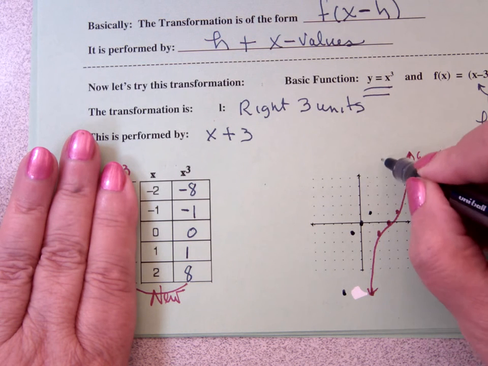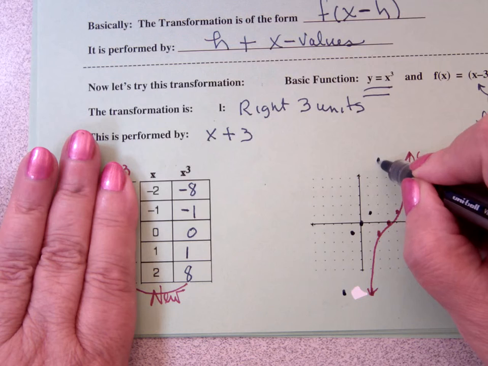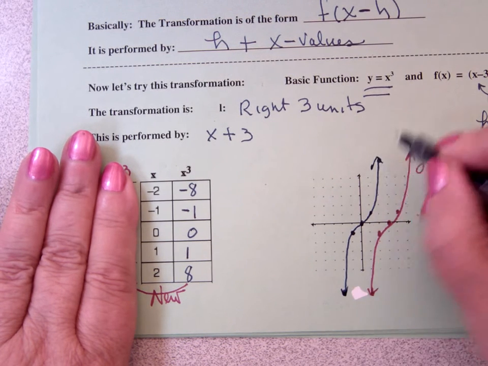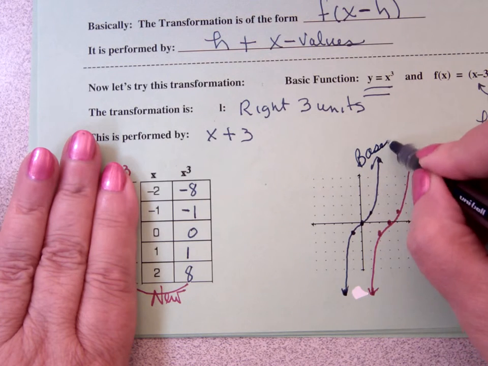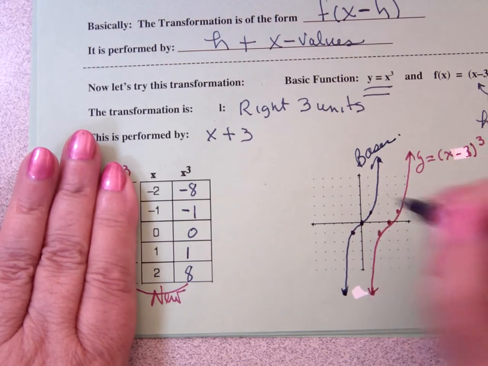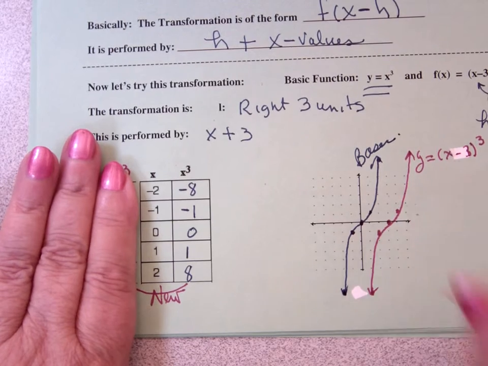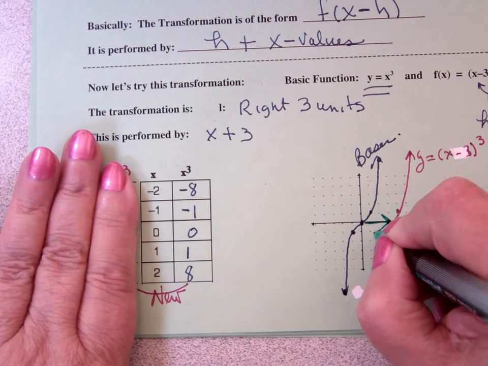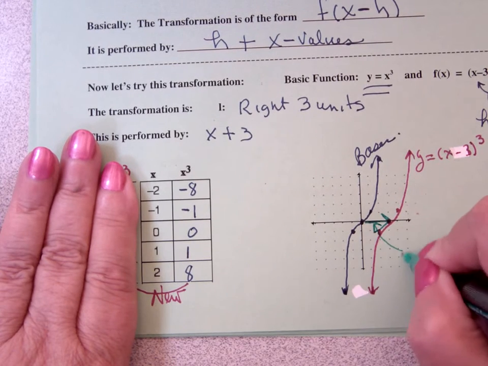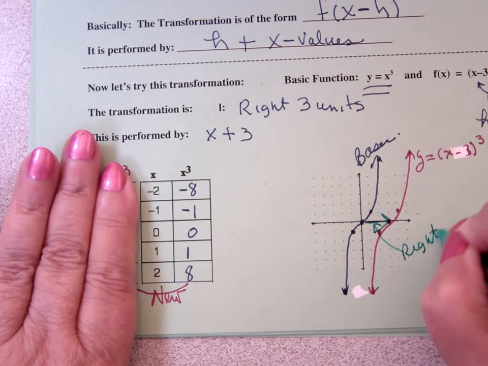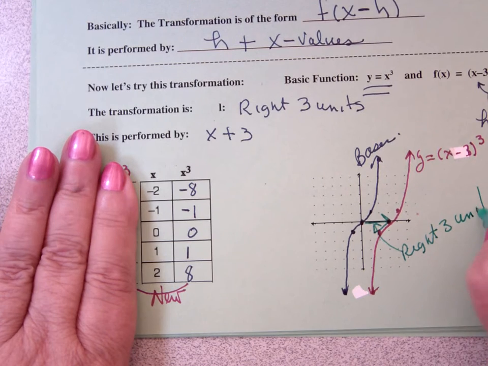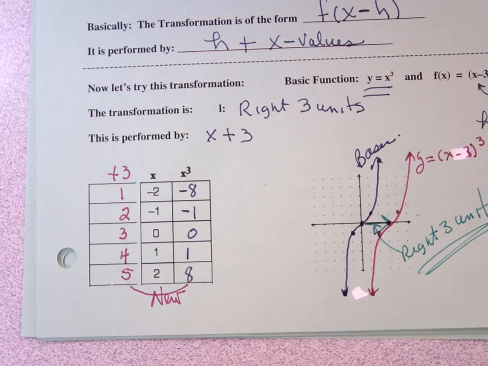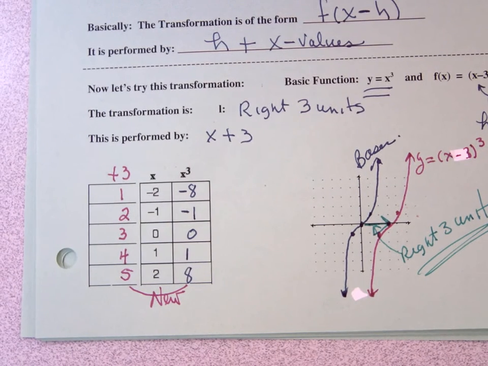At 2, I'm at positive 8. And so here's your basic graph. And you notice this has been moved to the right 3 units. So our transformation is right on.